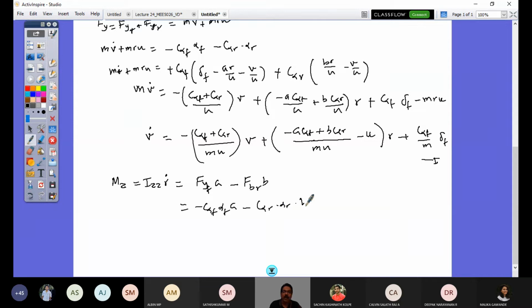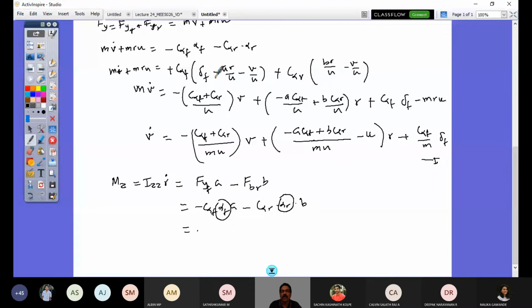I would continue this, substituting for alpha F and alpha R, for which we have already got the expressions. So the expression I had is minus of what is there here, delta F minus AR by U minus V by U. So minus into minus becomes plus.